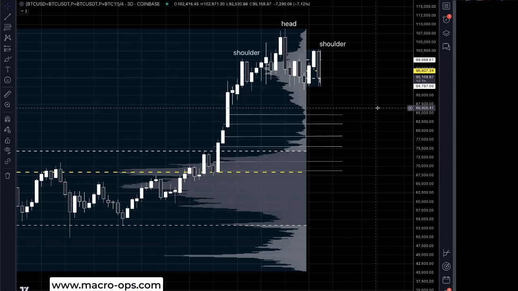Oftentimes you see volume at the bottom of the screen, and that mostly indicates the volume on a day, but it doesn't show the price at which the volume happened. Volume profile is not about how much volume happens per day. It's relevant to what happens at each level.